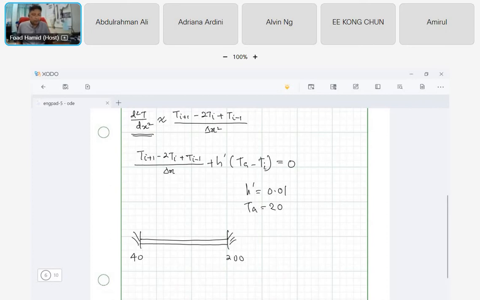Note that this is 10 meters. So these are the notes here. Can I find the temperature at the midpoint here?